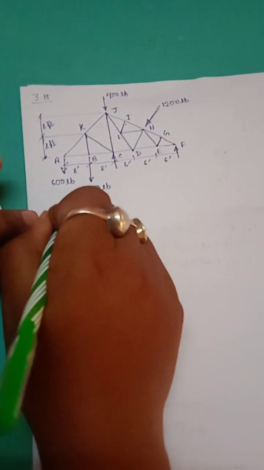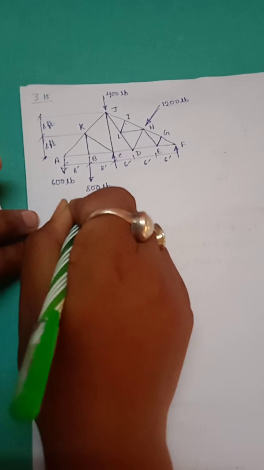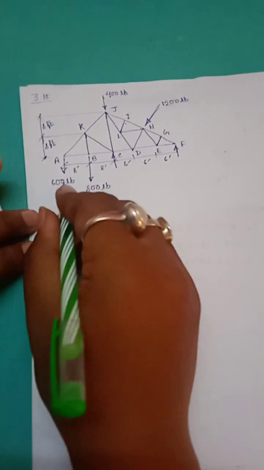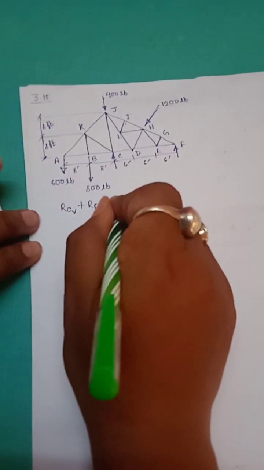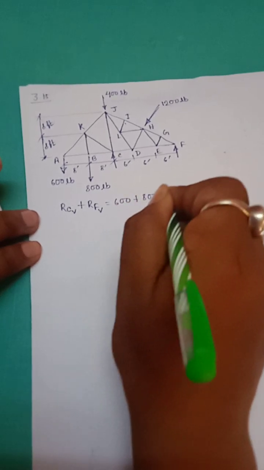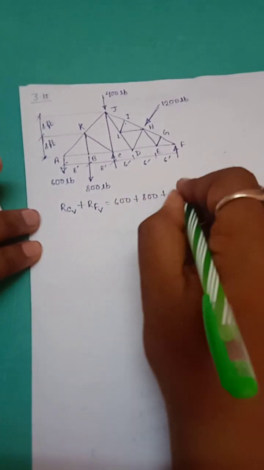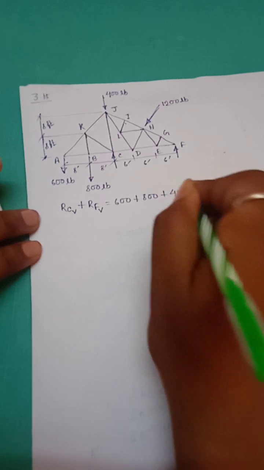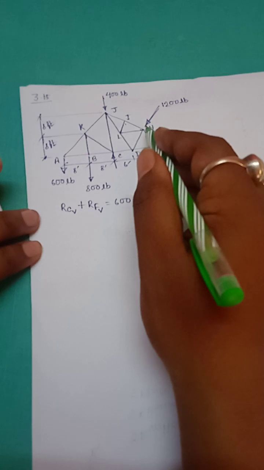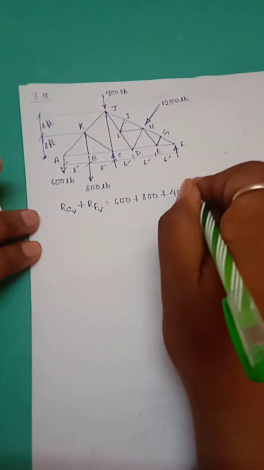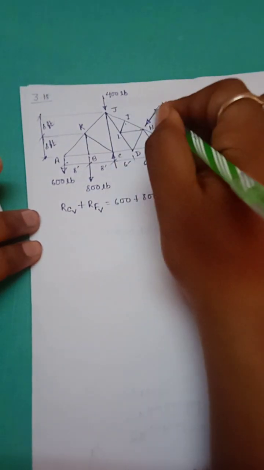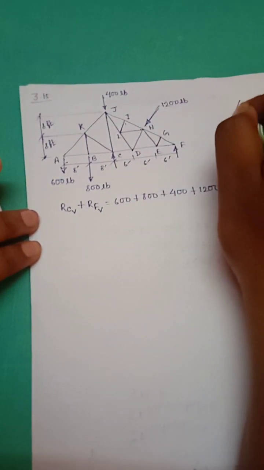So RC vertical plus RF vertical equal to 600 pound at A plus 800 pound at B plus 400 pound at J and vertical component of 1200 pound at H. What will be the vertical component?